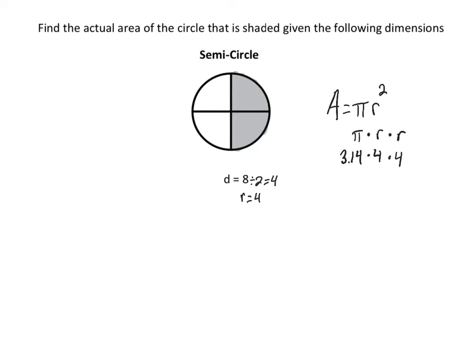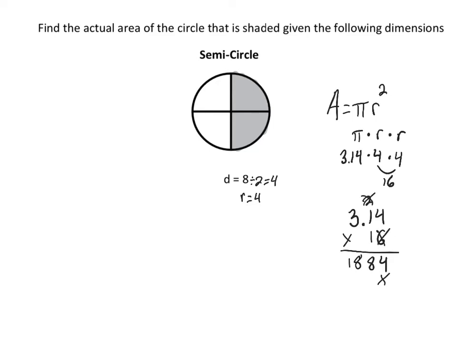I know 4 times 4 is 16. Then I need to multiply 3.14 and 16 together. Six times 4 is 24. Carry the 2. 6 times 1 is 6, plus 2 is 8. 6 times 3 is 18. I'm done with the 6.